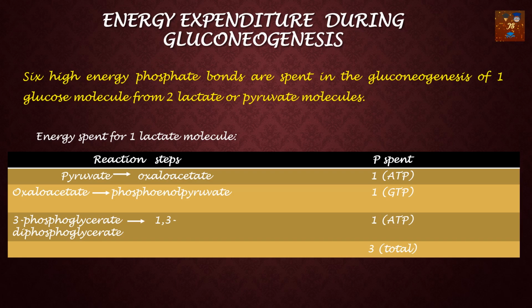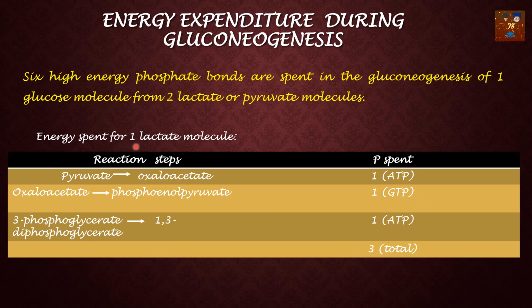This pyruvate converts into oxaloacetate at the cost of 1 ATP. This oxaloacetate is again converted into phosphoenol pyruvate at the cost of 1 GTP. 3-phosphoglycerate is converted into 1,3-diphosphoglycerate at the cost of 1 ATP. So 1 ATP plus 1 GTP plus 1 ATP, ultimately it is 3 total.